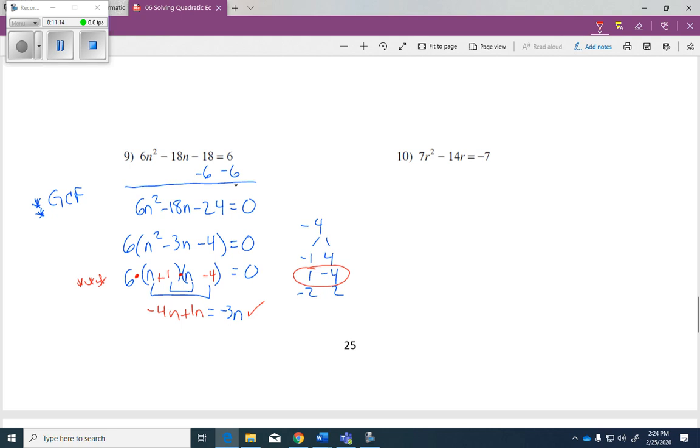Is 6 equal to 0? Obviously not. So I don't have to worry about that 6. Maybe the n plus 1 equals 0, or maybe the n minus 4 equals 0. If I subtract 1 from both sides, I get n equals negative 1. If I add 4 to both sides, I get that n equals 4. So there are 2 possible answers for n. It could be a negative 1, or it could be a 4.